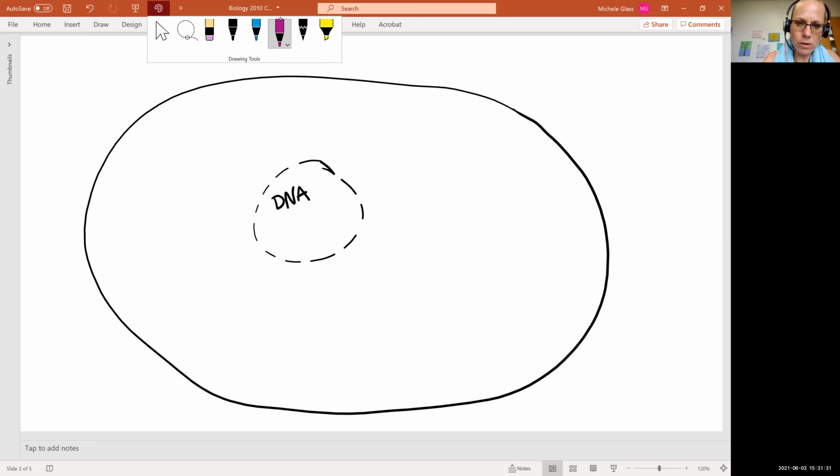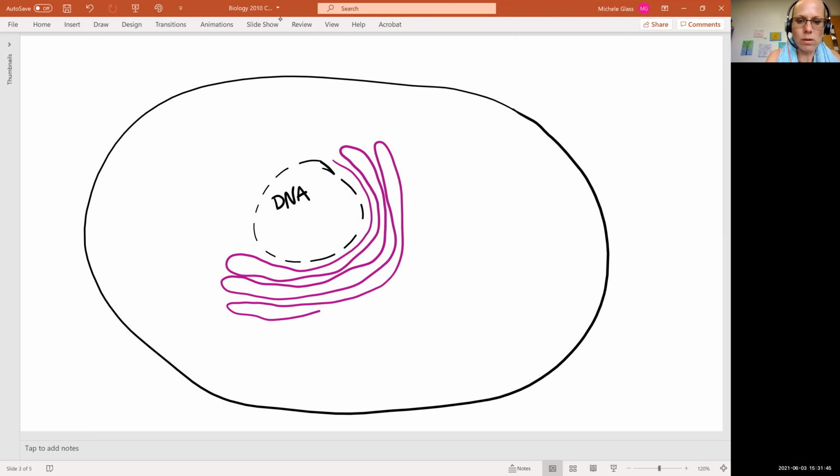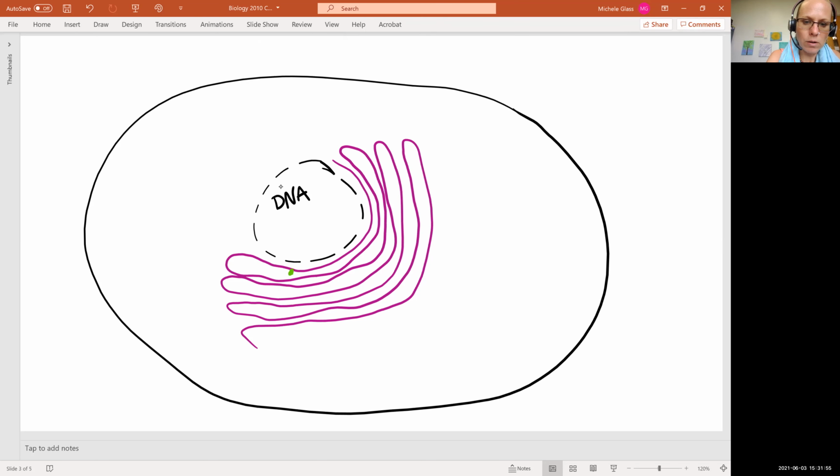Okay. Then right up here associated with the nuclear envelope, you want to draw your endoplasmic reticulum. Endoplasmic reticulum kind of looks like a labyrinth. So just kind of take it back and forth. Looks like a little path that goes back and around. And then what we'll see is that the rough endoplasmic reticulum will have ribosomes.